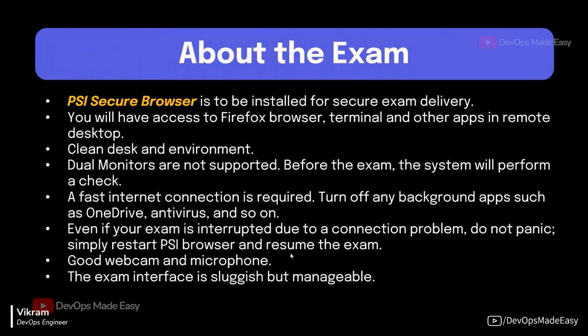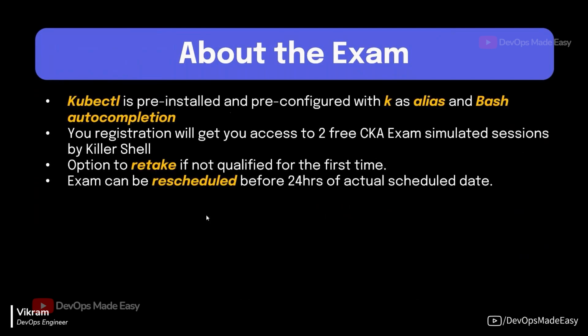The exam interface is a little sluggish, so it will be laggy, but it is manageable. Inside the PSI browser, you have an environment where you can open the terminal and browser, etc. That UI is a little laggy, but manageable. kubectl is pre-installed and pre-configured with an alias.